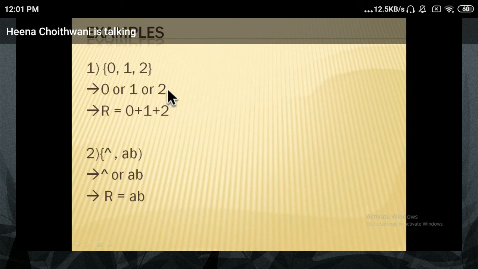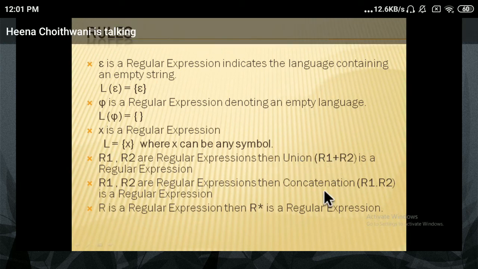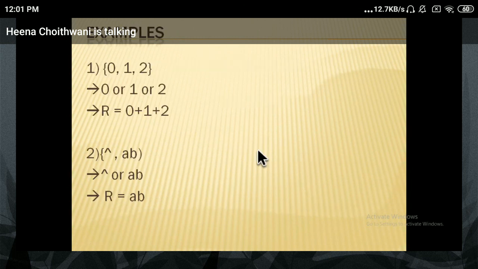That is nothing but the definition of union. So we represent union with the plus symbol. Just now we have seen, check here, union with the plus symbol and concatenation with the dot symbol. So if I take the union of three symbols, my expression will become 0 plus 1 plus 2. Is it clear?